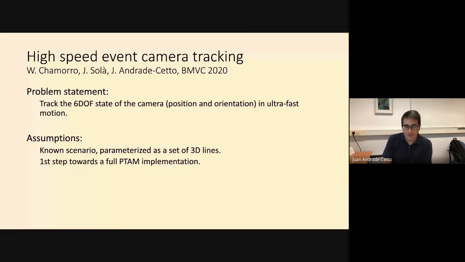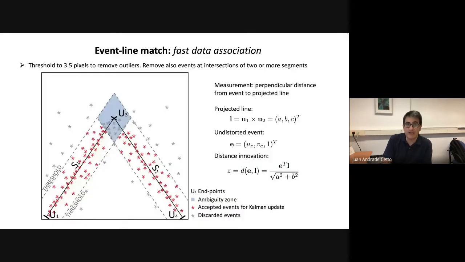So with the current estimate of the location of the camera, we project the lines onto the image, and we threshold for those areas far away from the line that we are trying to match with, and also with the crossing points of where two lines meet, because these will be regions of ambiguity.